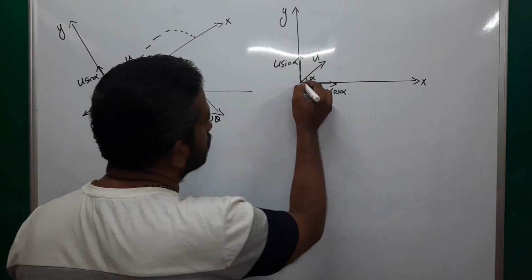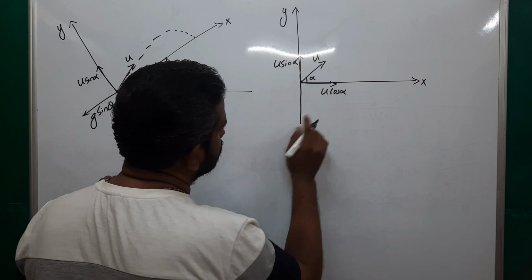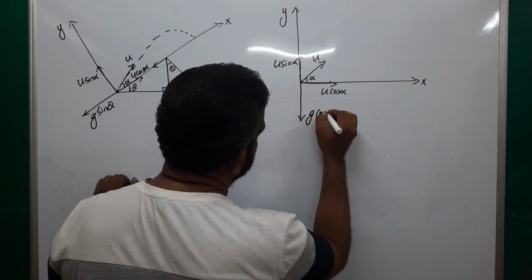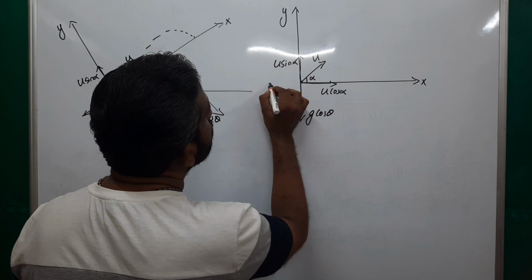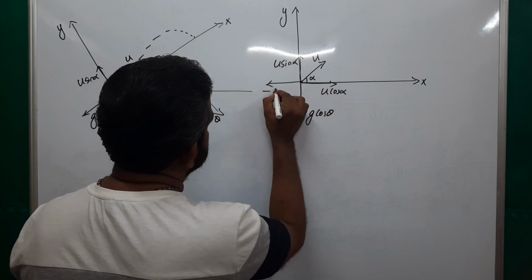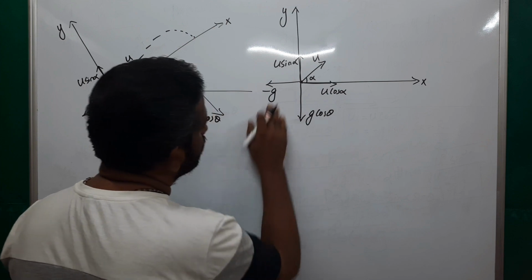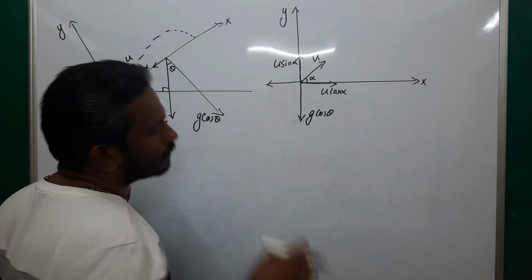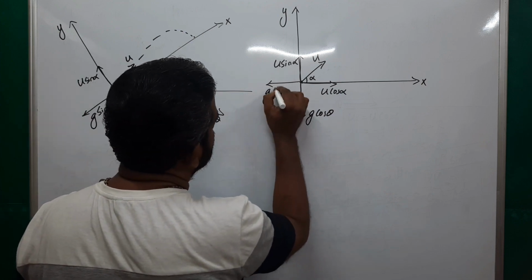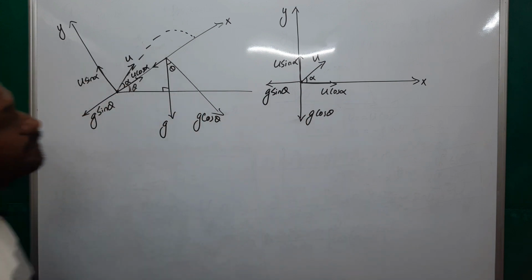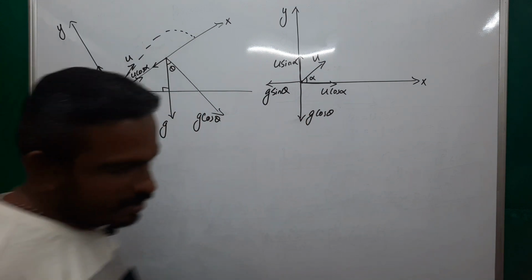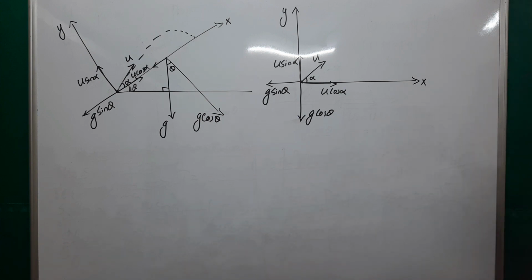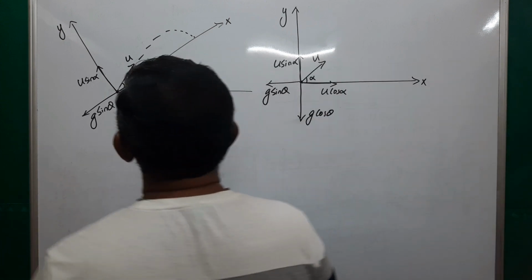The vertical g is acting in this direction, that is g cos theta, and the horizontal g is acting in this direction, that is minus g sin theta. So these are the component vectors of projection in an inclined plane.